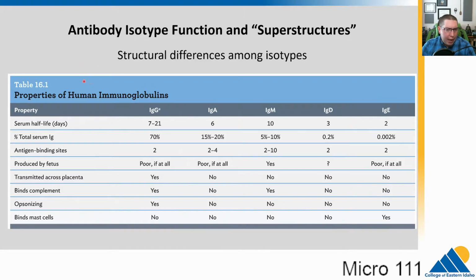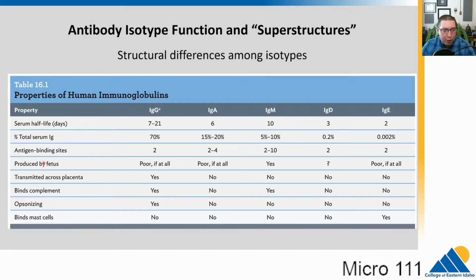If we look at the composition of what antibodies are out there normally, the main one is IgG. This is our main human immunoglobulin. It will move across the placenta. It binds to complement. It works in opsonization.